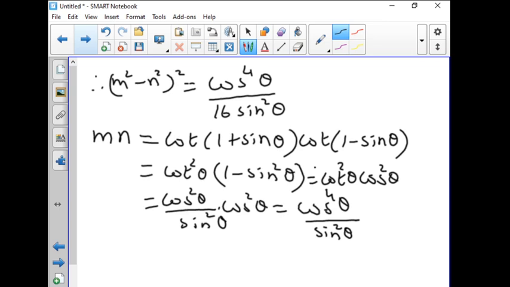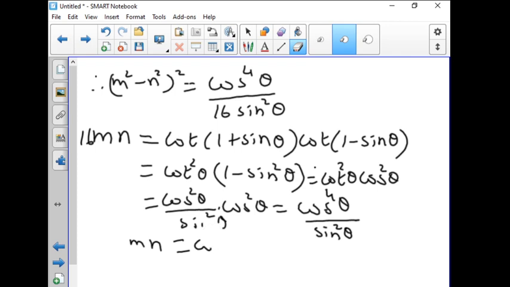So what about 16 mn? 16 mn is equal to this, because on the right hand side we have 4m and 4n.